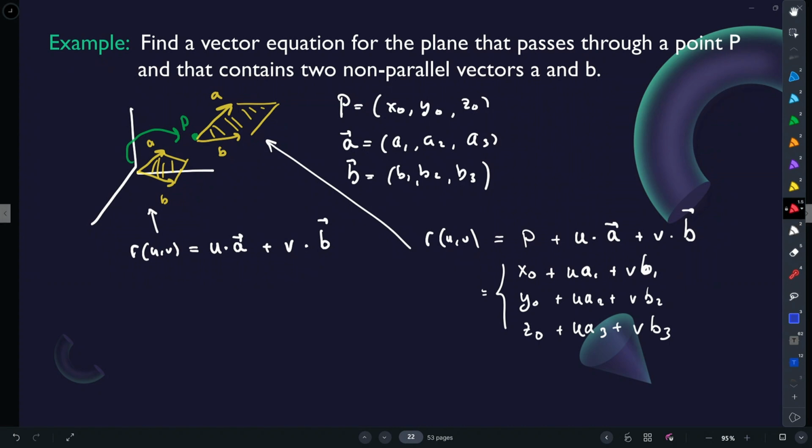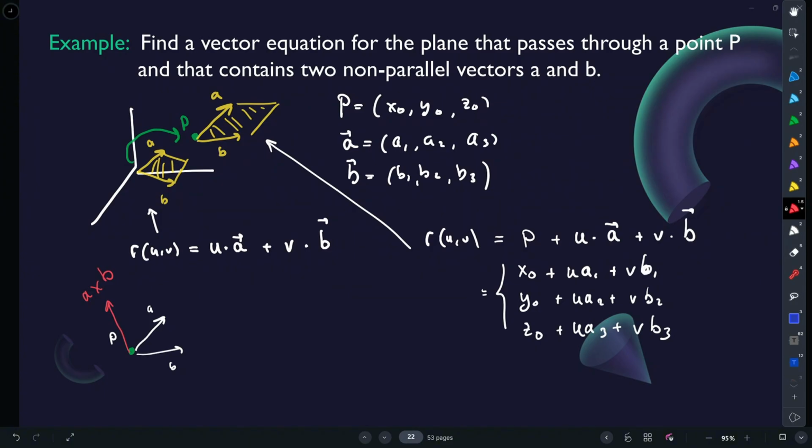The other way of doing this is that if I had a point P and vectors A and B, what I can do is find A cross B, the cross product.